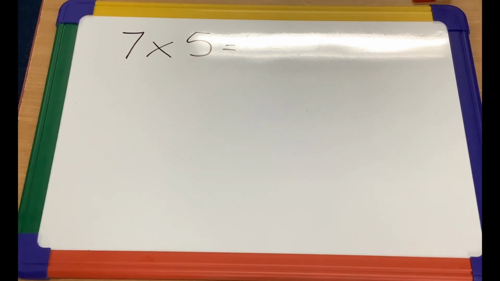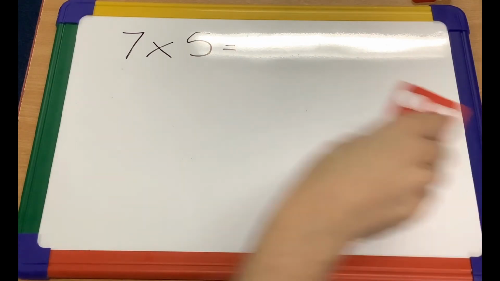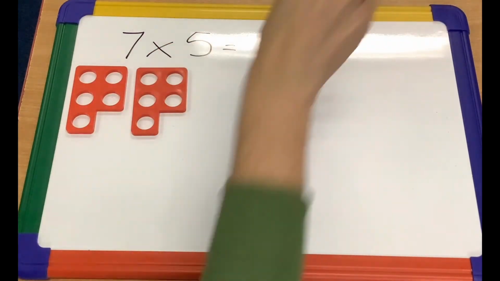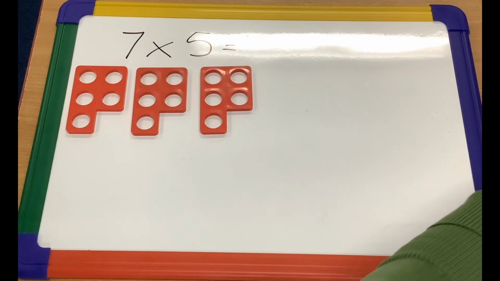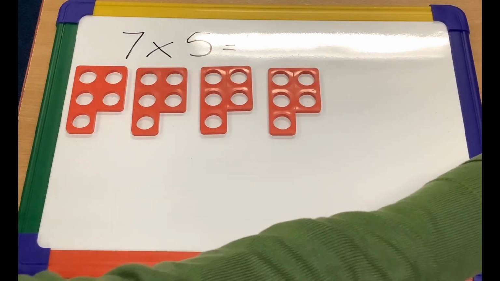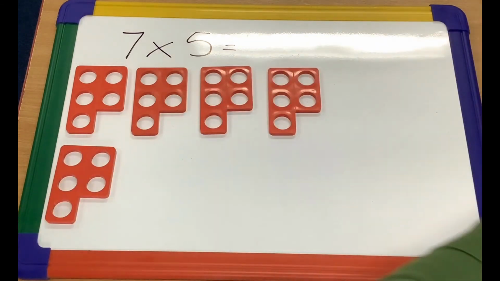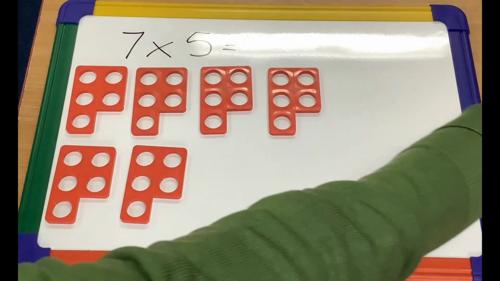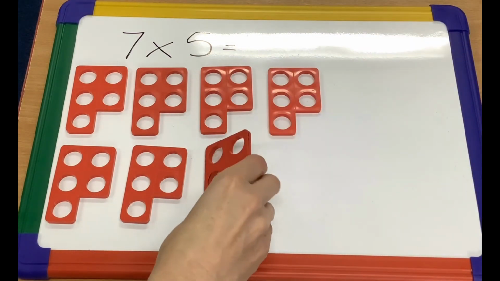Right, let's try a bigger number. Now we need 7 5s. So 1 5, 2, 3, 4, 5, 6. I hope I've got enough. 7 5s.